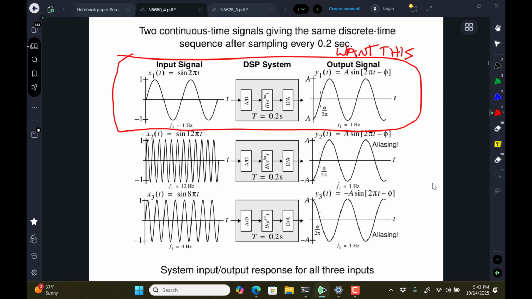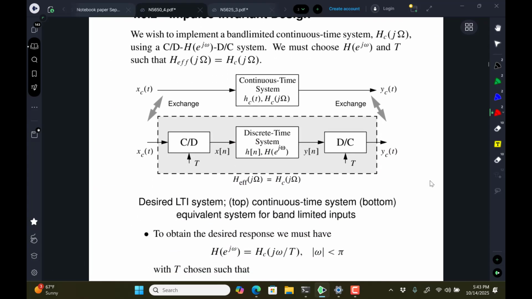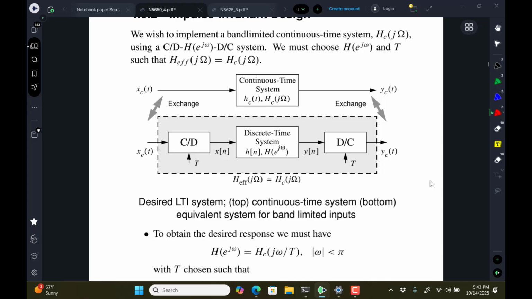So what we're going to go off and do, we don't have time to do, but this is another spin-off of this section looking at a type of digital filter design that's called impulse invariant. And you take the same architecture that we were just talking about where you have the C to D and D to C, and then implement a digital filter that is an impulse invariant version of the analog filter.